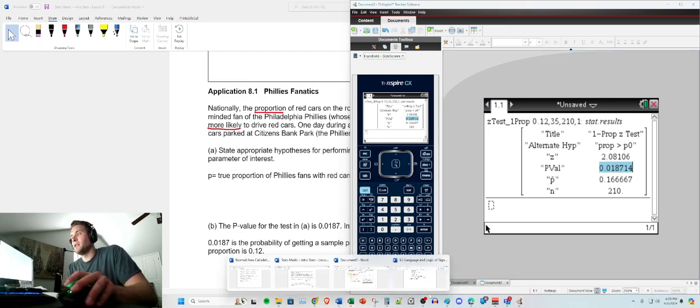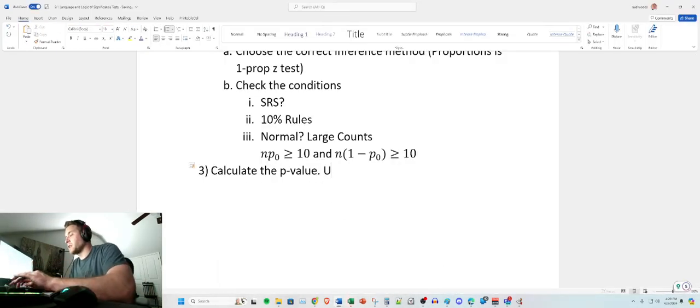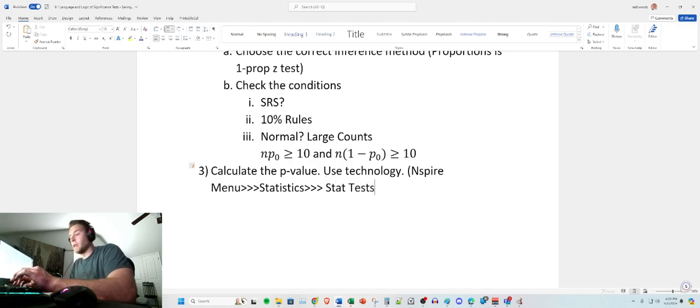Okay. So in here, we're going to say use technology. And we can write this Inspire. It is menu, statistics, stat tests, one prop test.